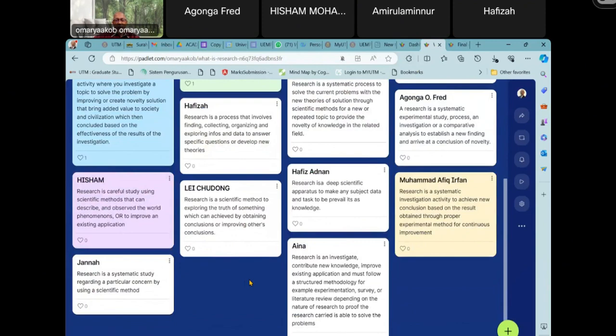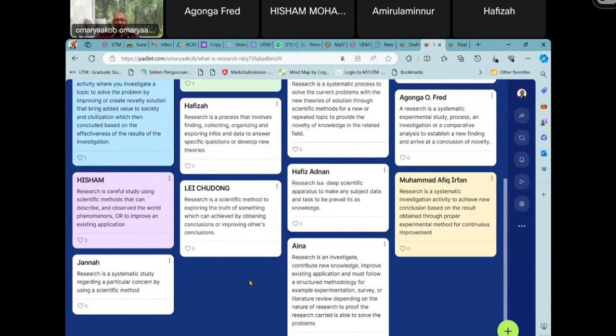So you are comparing, you are investigating, you are carrying out a systematic experimental study to establish a finding which could be added to the previous findings. And your conclusion should be a conclusion of novelty.